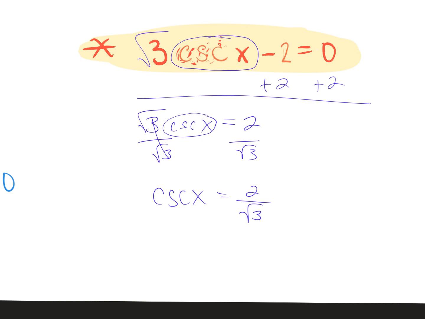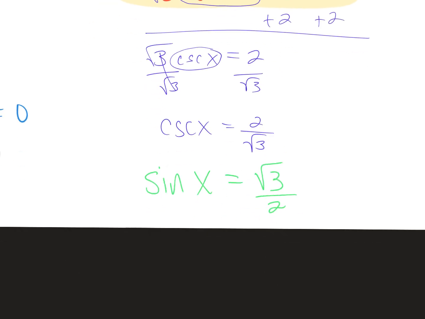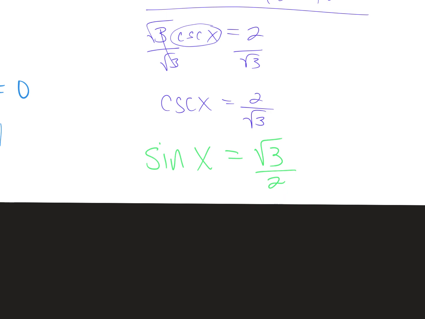What is the reciprocal of cosecant? Sine. I changed the problem. So if I flip cosecant, it becomes sine. If I flip 2 over root 3, it becomes what? The square root of 3 over 2. Before you freak out about rationalizing, if it is a reciprocal function, just flip it.